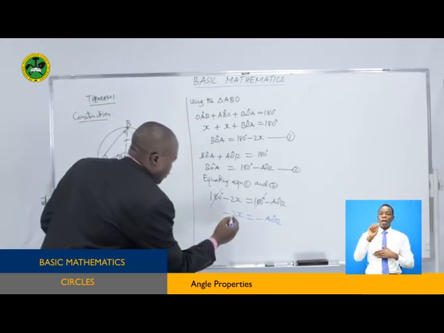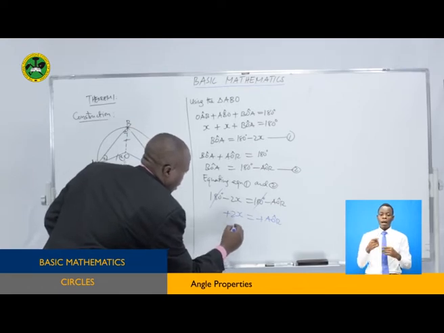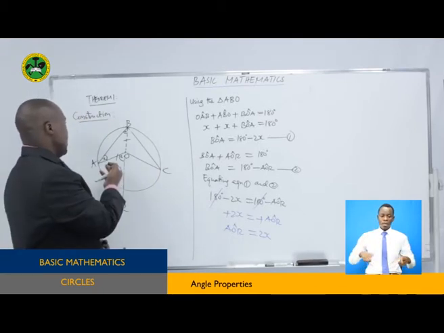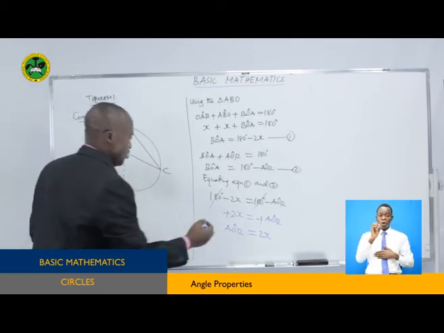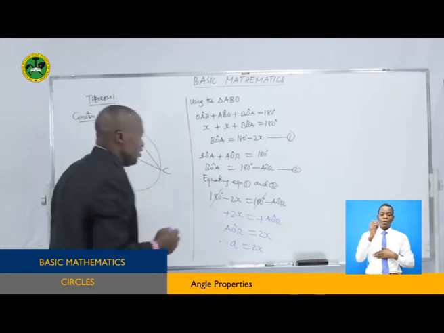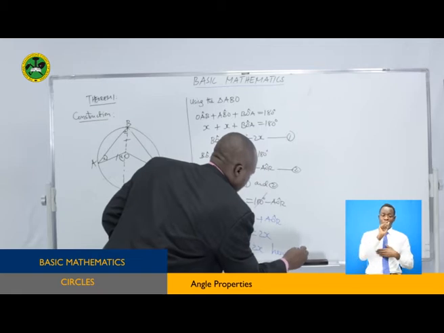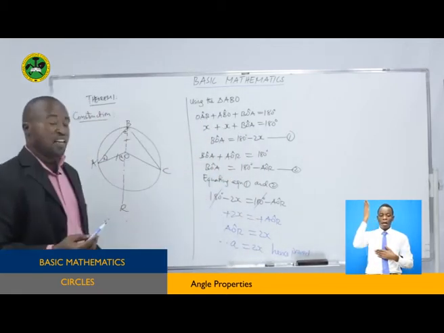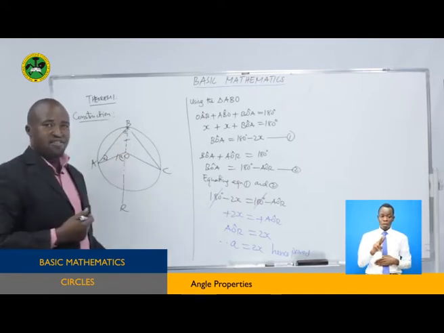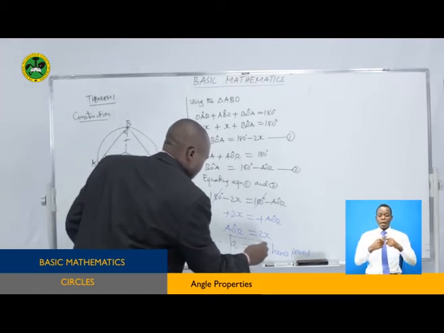So I will say AOR is equal to 2x. But again, remember, AOR is equal to a. Therefore, we say a is equal to 2x. So we say hence proved. Now remember, a is the angle at the center, and x is the angle at the circumference. So that is how to prove this theorem.